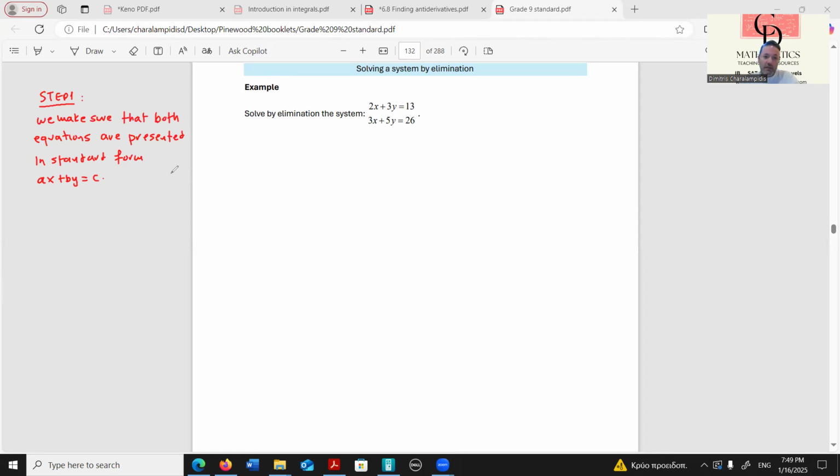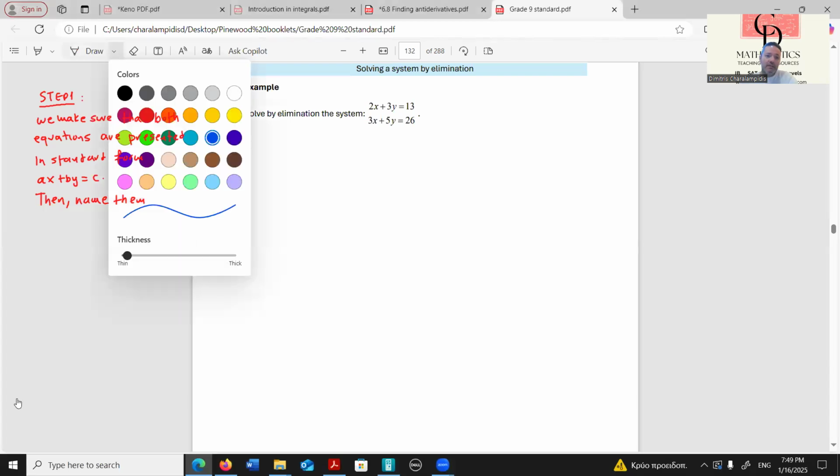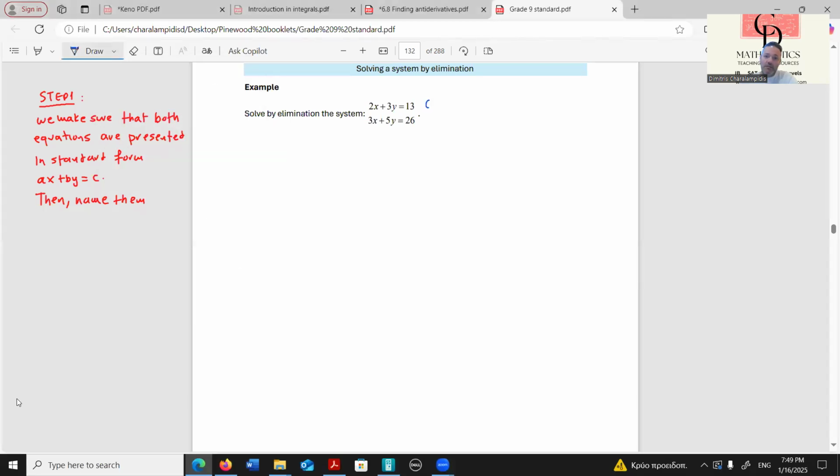If they are indeed given in standard form, or right after our operations needed to bring them into this form, we then name them. In this example, where we are asked to solve by elimination the system that contains the equations 2x plus 3y equals 13 and 3x plus 5y equals 26, we can see that indeed both of them are in standard form, so that is already done. So I should begin by just naming them. This could be 1 and this could be 2.